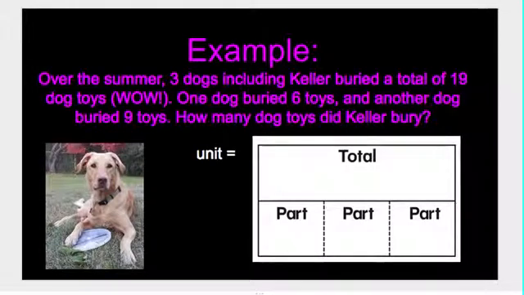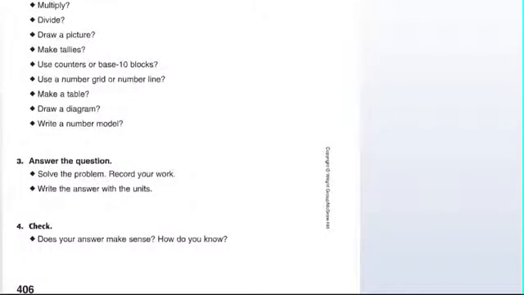Okay, so we can draw a parts and total diagram, all right? And we also have to make sure that we include a part for our units because all numbers have units. And that's an important part of word problems. So before we do anything, let's revisit our story problem solving skills.